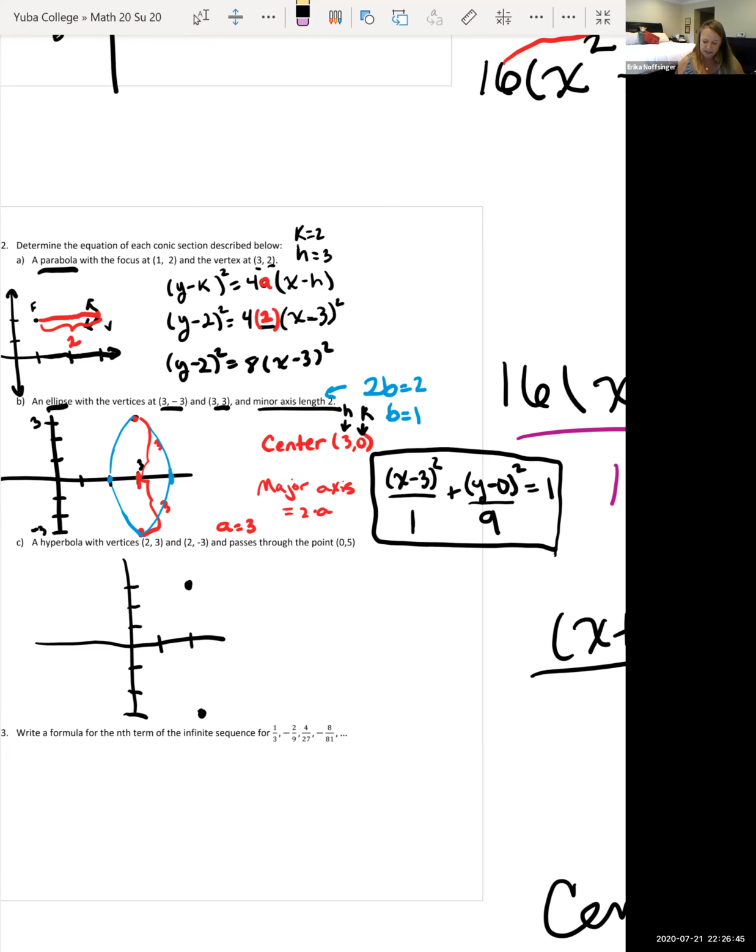These are our vertices, and it passes through the point (0, 5). So 1, 2, 3, 4, 5. They're vertices, so it's going to be looking like this.